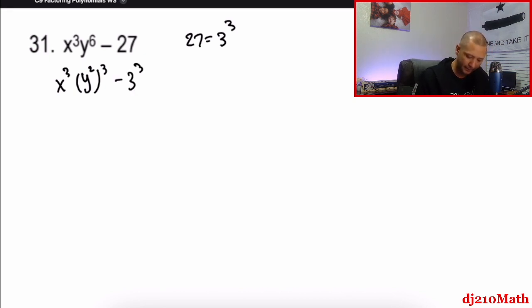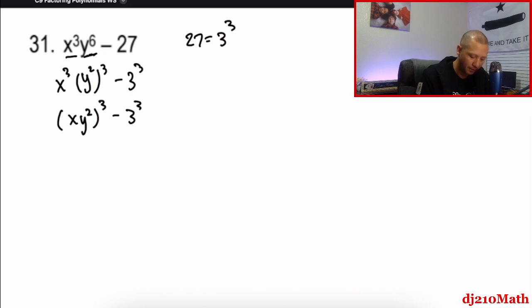So I can put the x in with the y. Right, because if you check our work, when we apply the cube, x cubed, y squared cubed, you multiply the exponents. So y to the 6th.